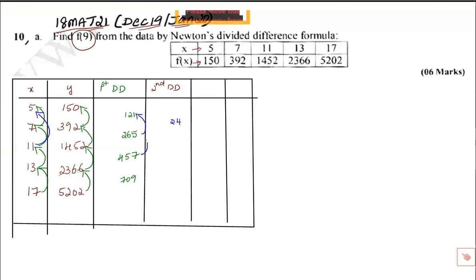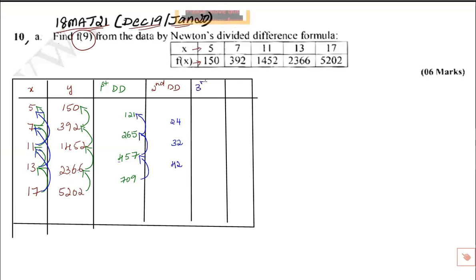Then 457 minus 265 divided by 13 minus 7, that will be 6, so the answer is 32. Then 709 minus 457 divided by 17 minus 11, you will get 42 as the answer.